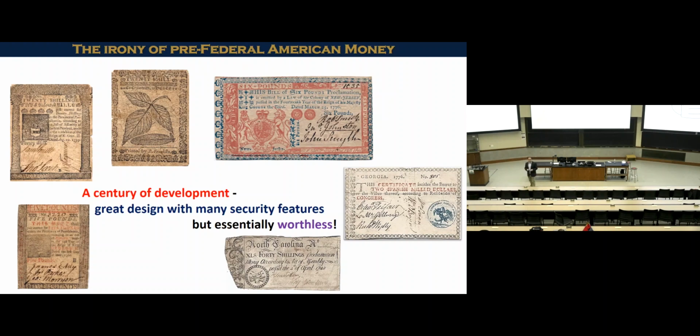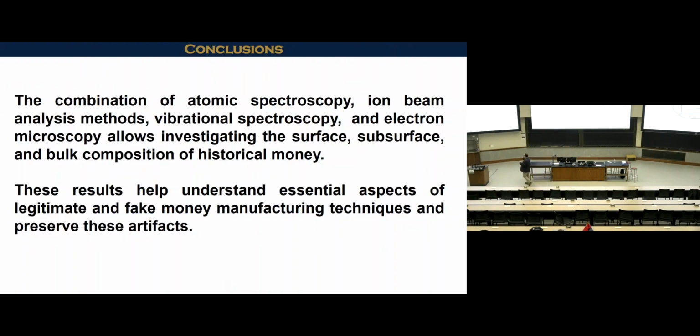All of these features that I described, these mica crystals and also colored fibers, are right now used in dollar production. Those were invented during colonial times. So the conclusion is that using these sophisticated techniques, spectroscopy, ion beam analysis methods, vibrational spectroscopy, electron microscopy, we can efficiently analyze the composition of these historic objects.